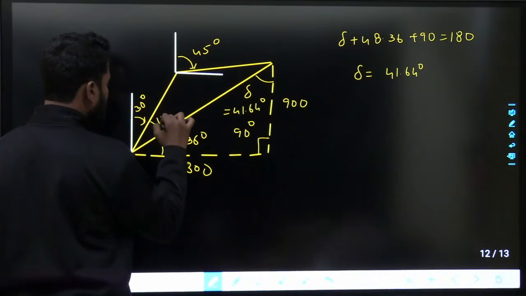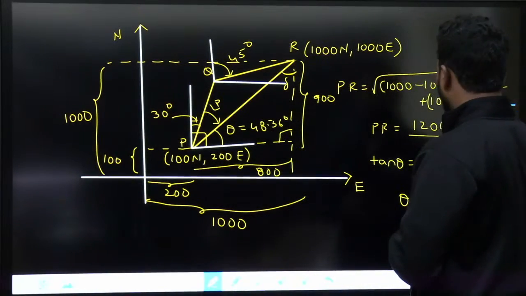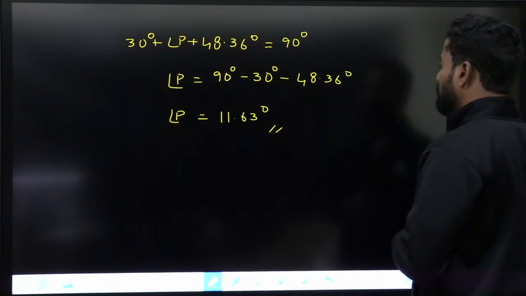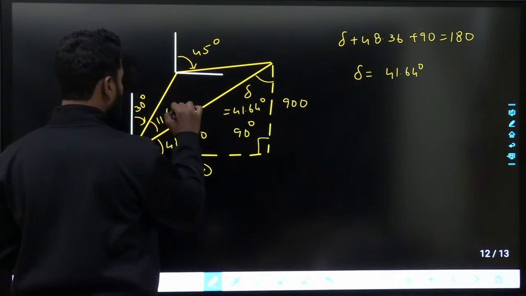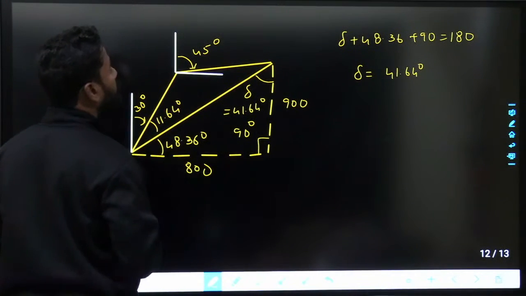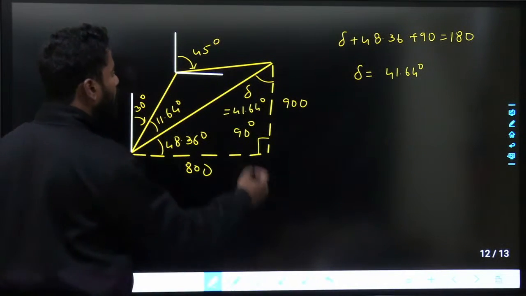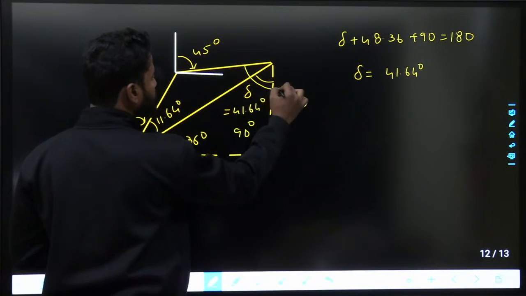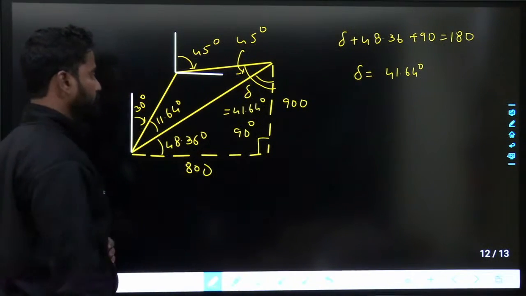This angle is 11 point... angle P, how much did you get here? 11.63 degrees. 11.64 degrees. This is 41.64, and this line with respect to vertical makes 45 degrees. So this also equals 45 degrees.